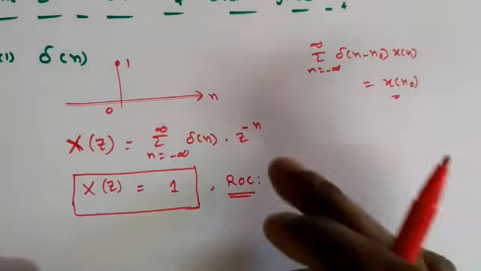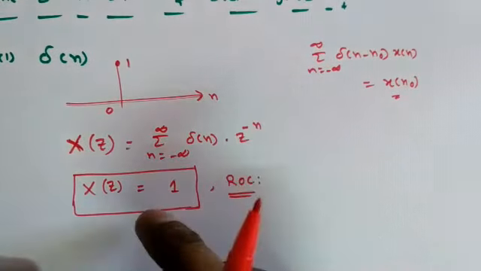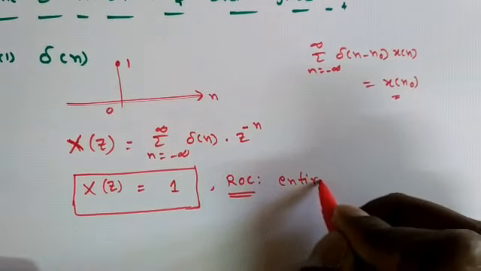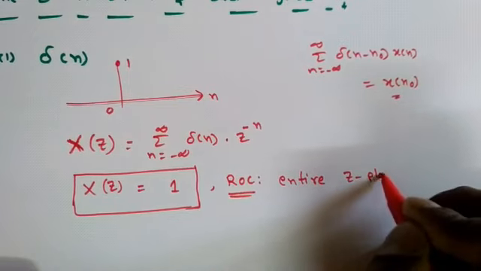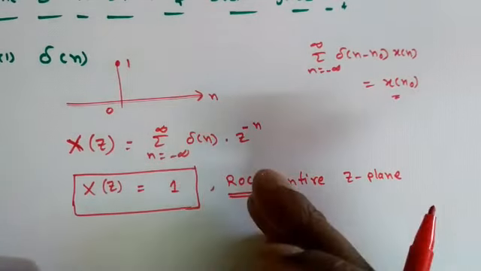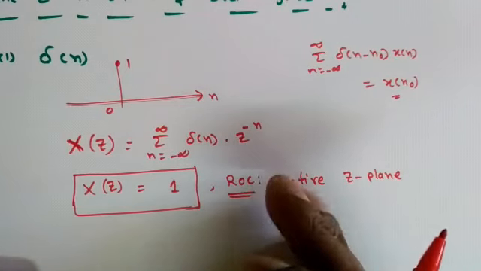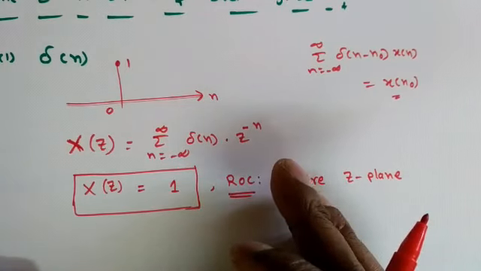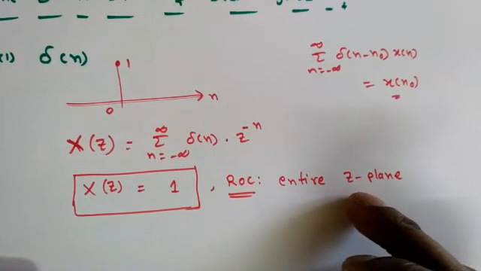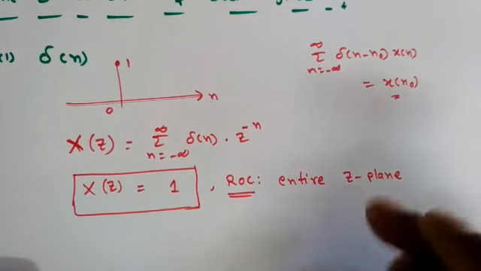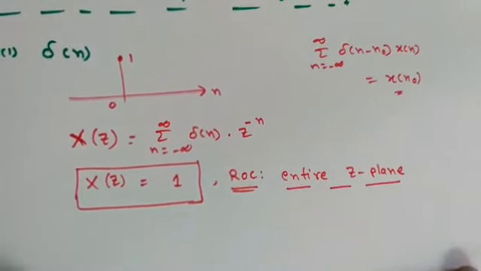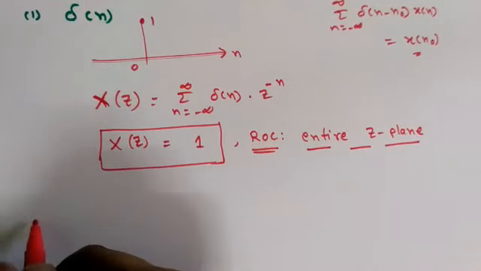For what values of z or mod z will this converge? We can say the entire z plane, because there is nothing restricting it. There is no value of z or mod z or r for which this is not valid. It is always valid for all possible z values, right? That's why it is the entire z plane.